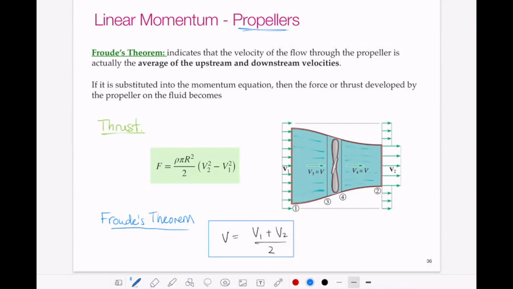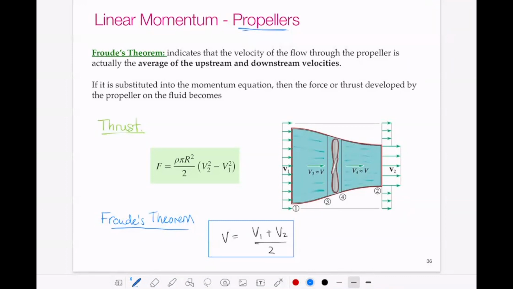So for a propeller, when we apply our equations, we end up with these two equations where our force, which is the thrust on the fluid, is equal to rho times pi times the radius swept by the propeller squared divided by 2, which is just rho times the area of the propeller divided by 2, times the difference of the velocities squared, where v1 is the velocity entering our control volume, and v2 is the velocity exiting our control volume.